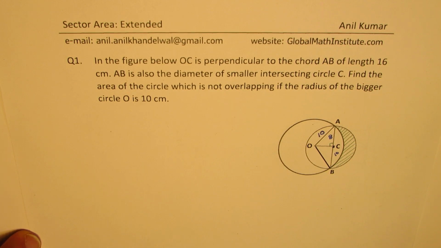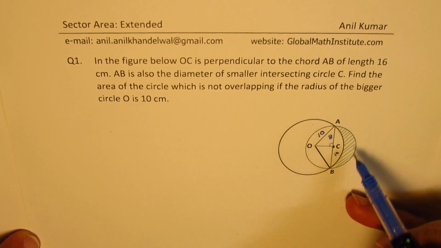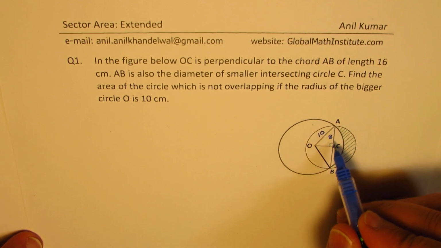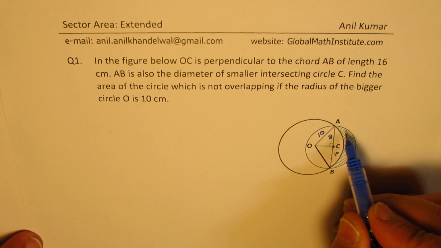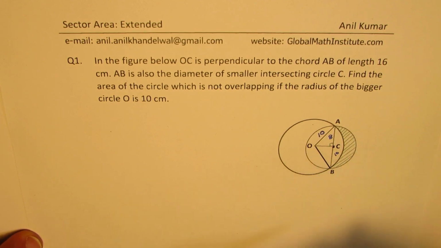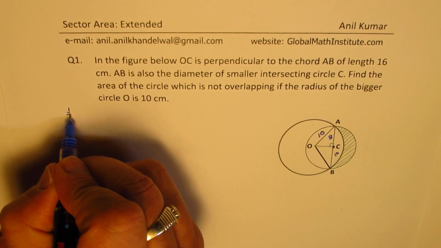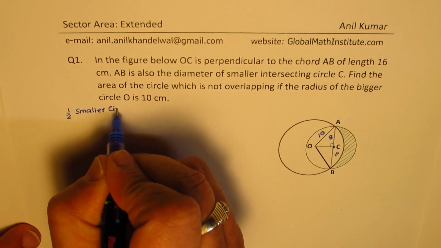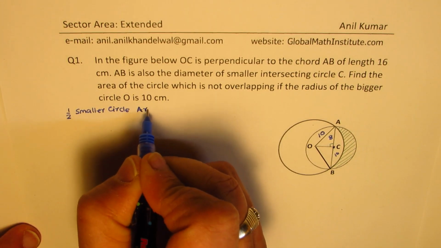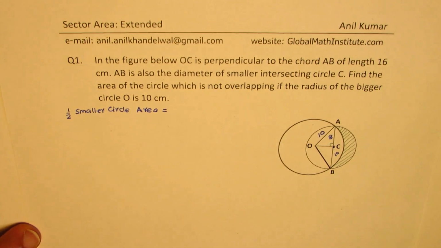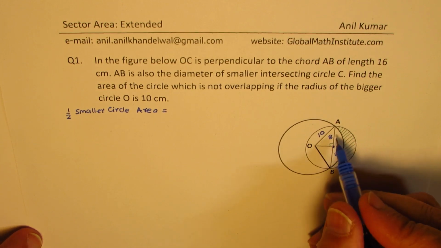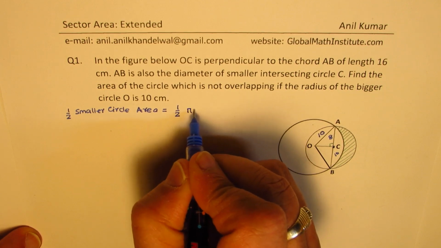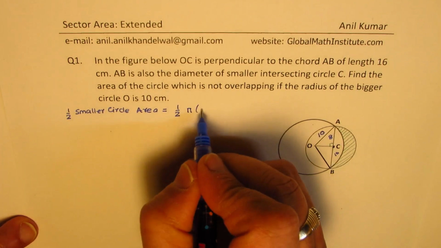Okay. Now, in order to find that particular area, what should I do? I can find, of course, the half circle area of the smaller circle, right? So we need half of the smaller circle's area. That is one thing which we can directly find, pi r squared and half of it. So let's do that. We have half of pi r squared, in this case r is 8.